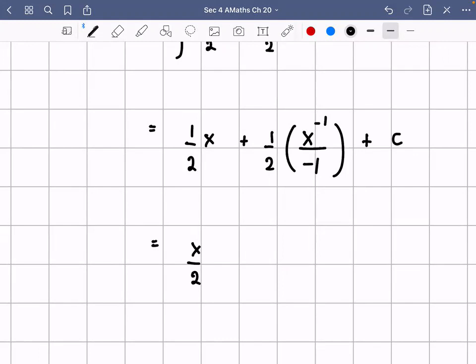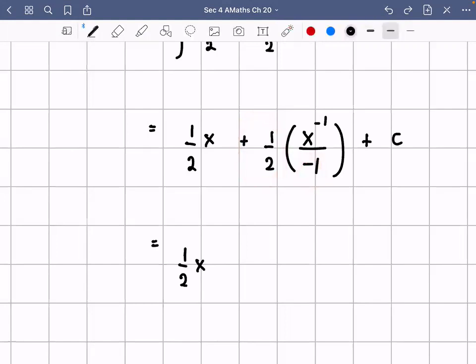Alright, so let's write it as 1 half x. So 1 half x plus, is it plus or minus? It's minus now because negative 1 times 1 half is negative 1 half.